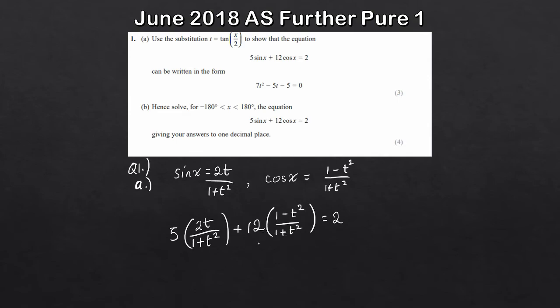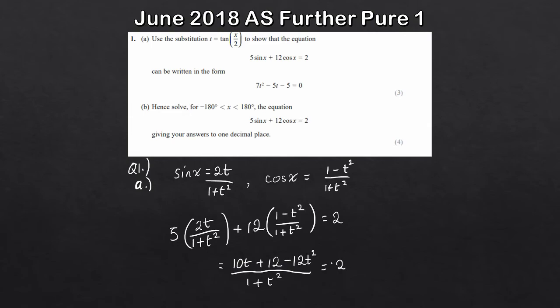If we simplify this over a common denominator, I just need to multiply across and then add together. So 5 times 2t gives me 10t plus 12 minus 12t squared, and that's over 1 plus t squared, which is equal to 2 at this point.